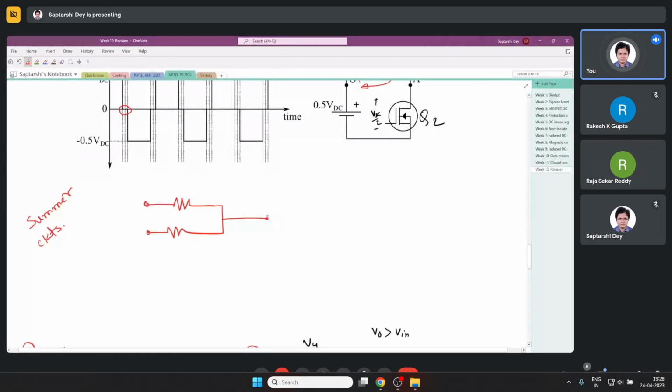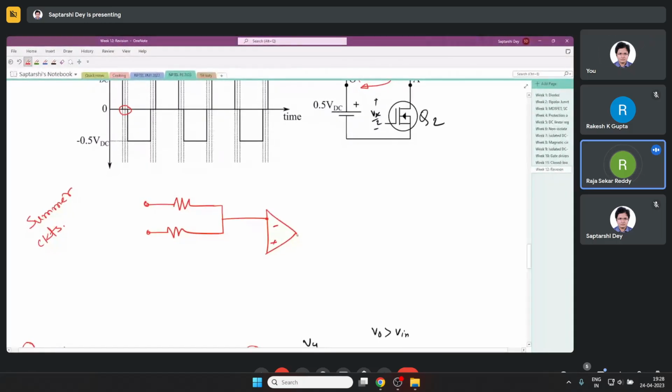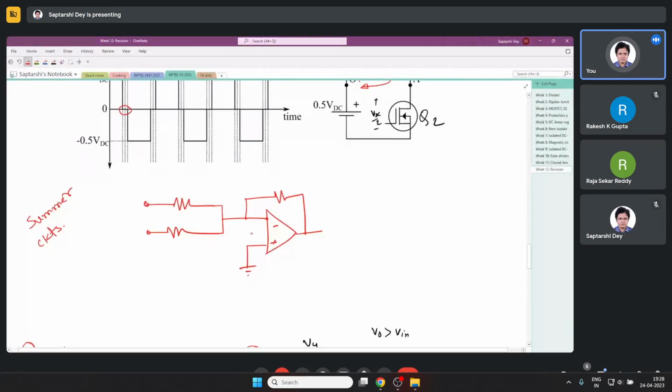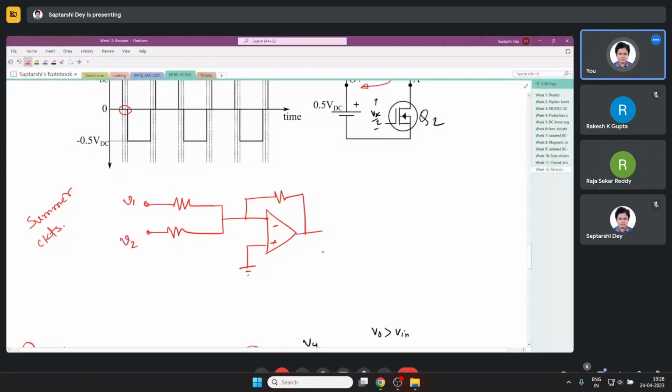Okay, since we are discussing this, let me discuss one thing about it. There are relations you can easily find out by taking virtual ground and all. So if you have V1, V2, and V3, what you will get is V3 equals V1 plus V2. But you have to take care of two things here.